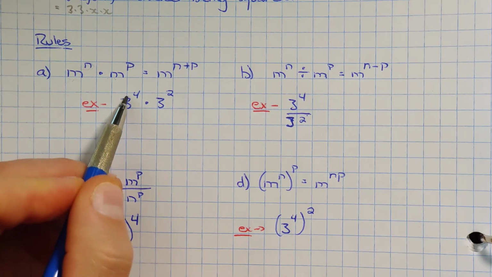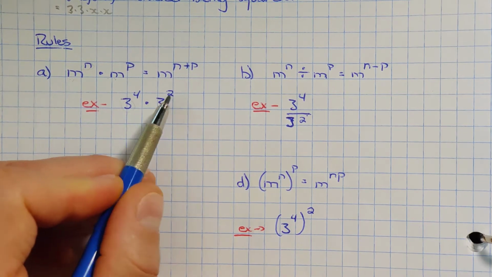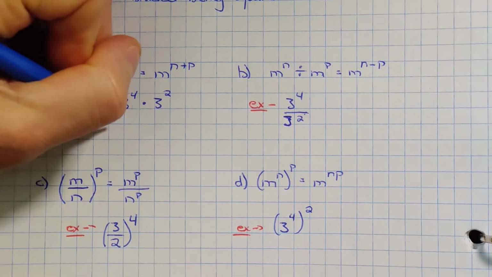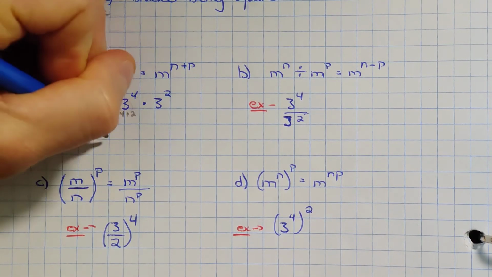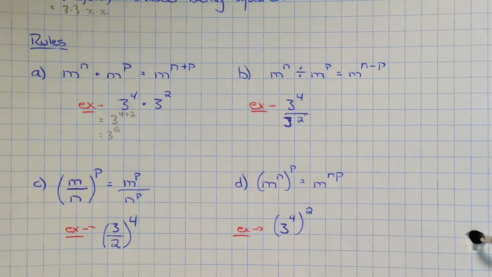So if I have 3 to the power of 4 times 3 to the power of 2, that equals 3 to the power of 4 plus 2, or 3 to the power of 6.